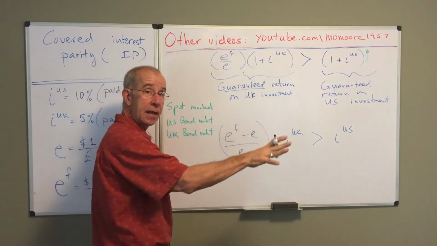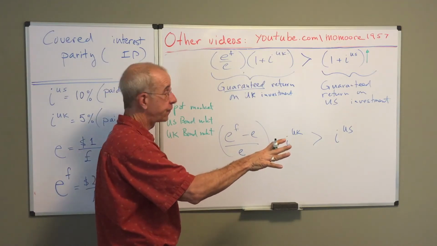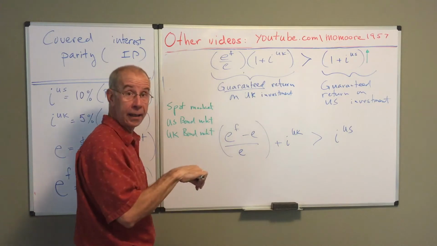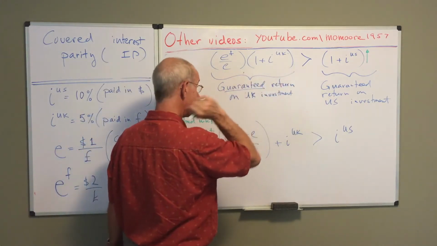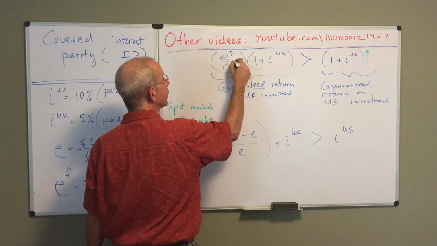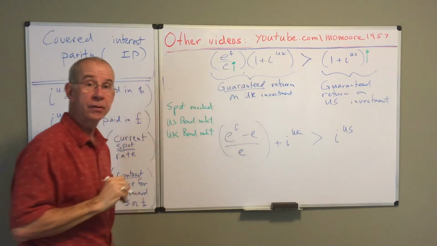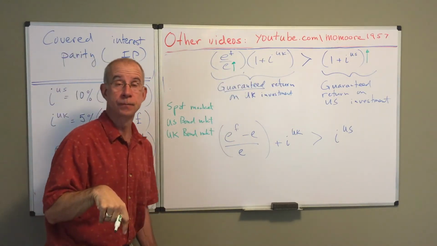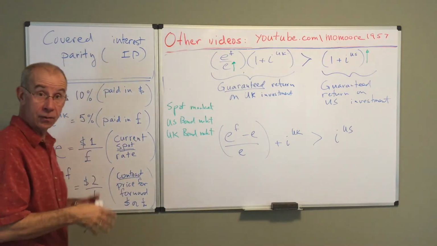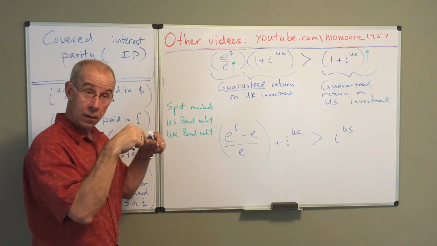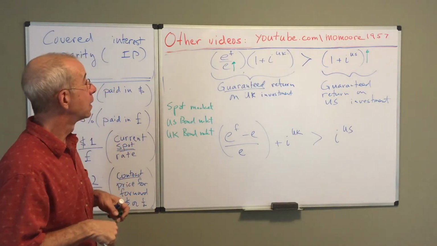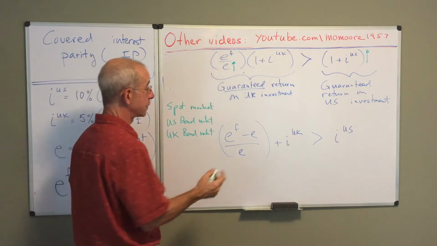The Americans flooding into the foreign exchange market to buy British pounds today in order to take advantage of the higher returns on the UK investment will tend to depreciate the US dollar today. So E, the number of dollars it takes to buy a pound, goes up. So there's a depreciation of the dollar today.